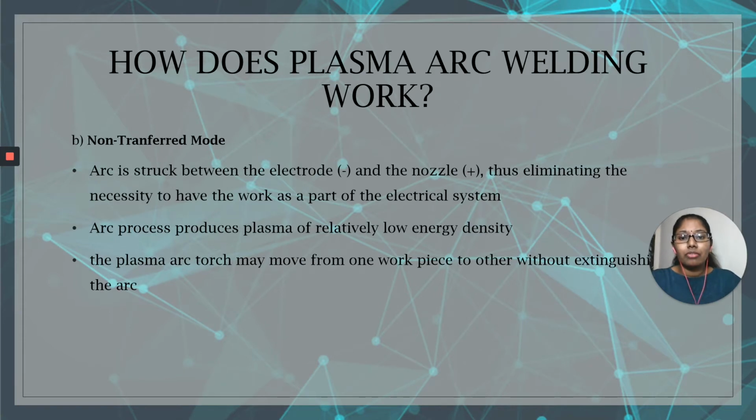Therefore, this process produces plasma of relatively low energy density. The plasma arc torch may move from one workpiece to another without extinguishing the arc. Less penetration is obtained, so thin sheets can be welded, with less process efficiency.